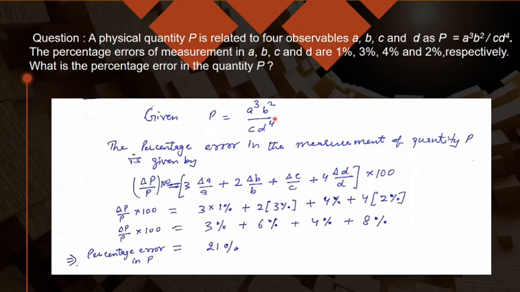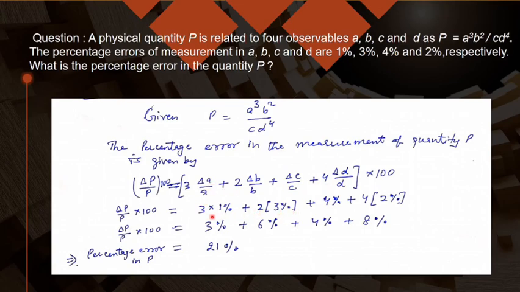In the question they have given you the percentage errors: delta A upon A multiplied by 100 equals 1% as per the question. Similarly, delta B upon B into 100 is 3%, delta C upon C into 100 is 4%, and delta D upon D multiplied by 100 is 2%. So I can simply write the powers in multiplication of these percentage errors as per the formula with me.